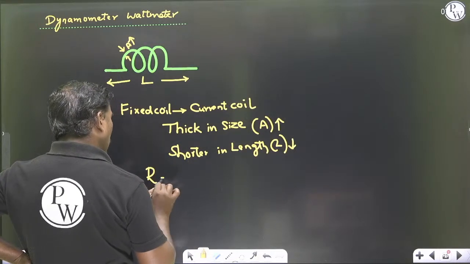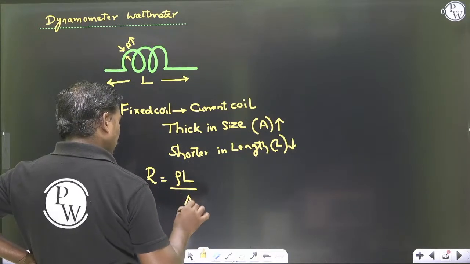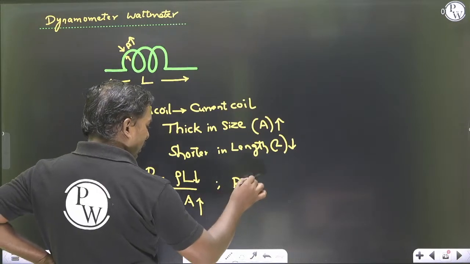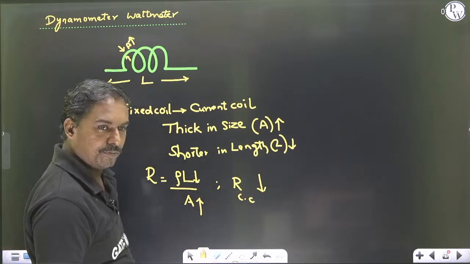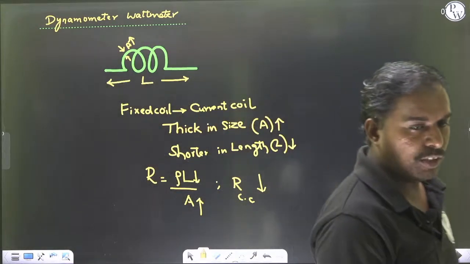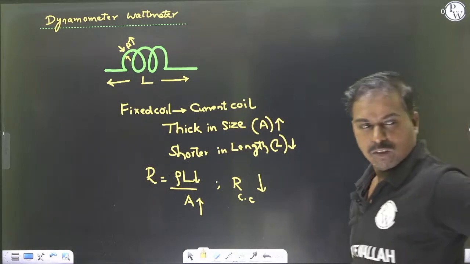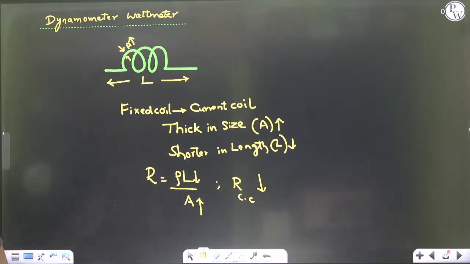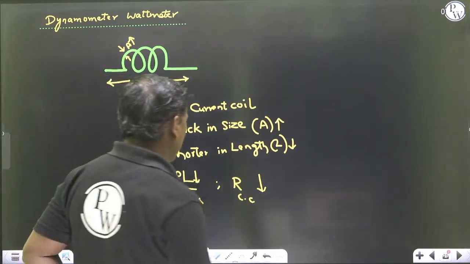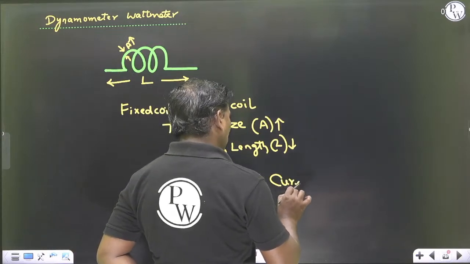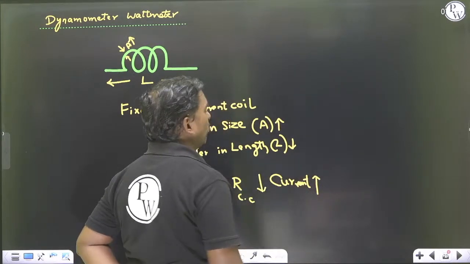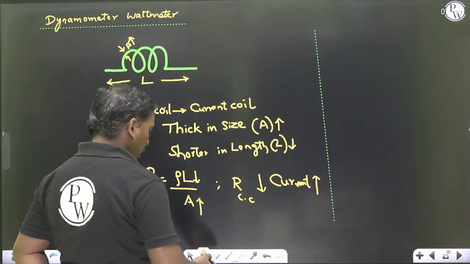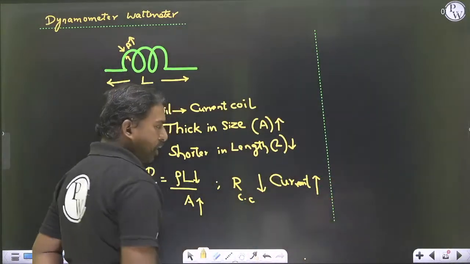So R is equal to rho L by A. Area is more, length is less, so obviously the resistance of the current coil will be less. When the resistance of the current coil is less, the current passing through that coil will be more. So the current coil, as the name indicates, has more current to travel.